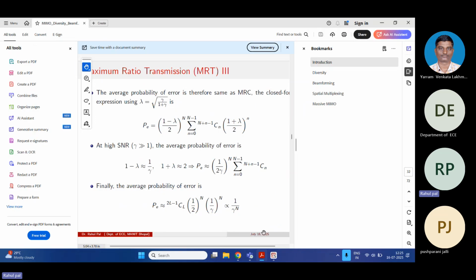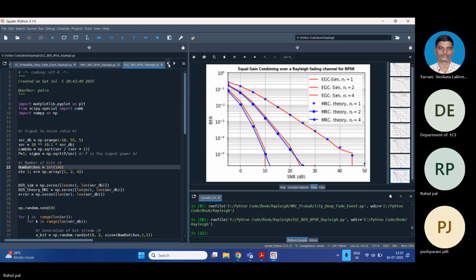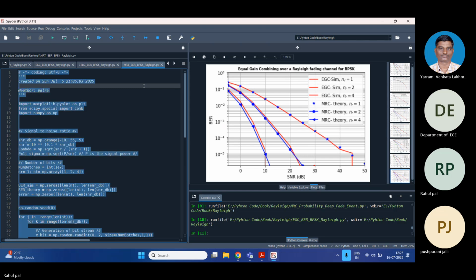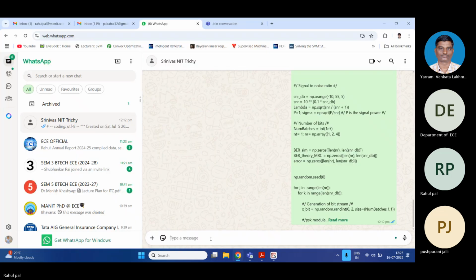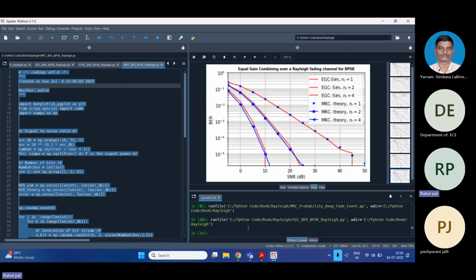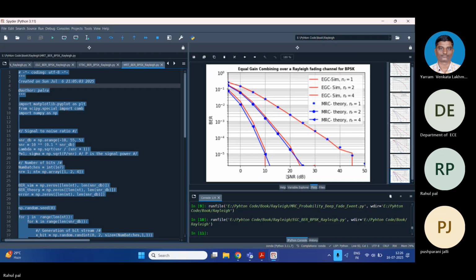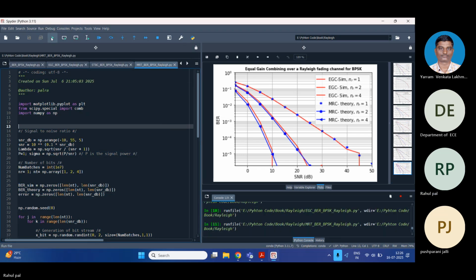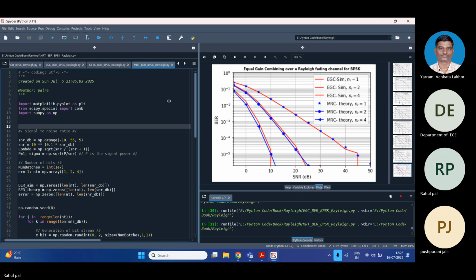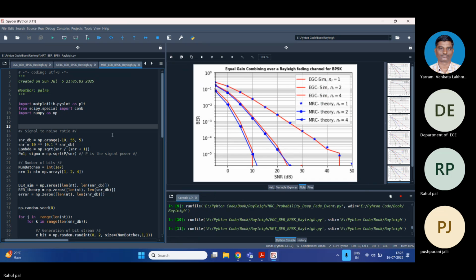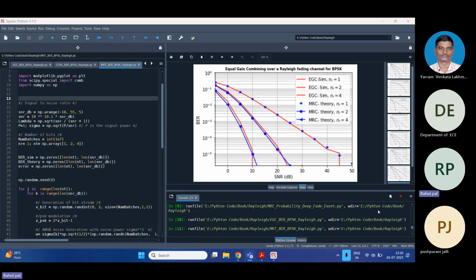So corresponding to this one, I'm going to share the code.